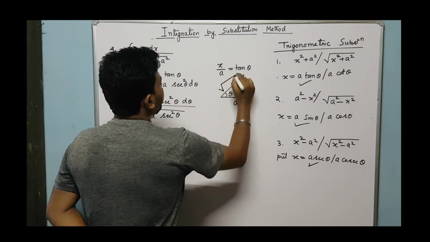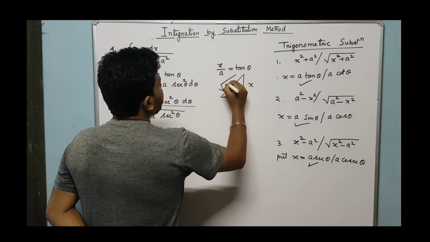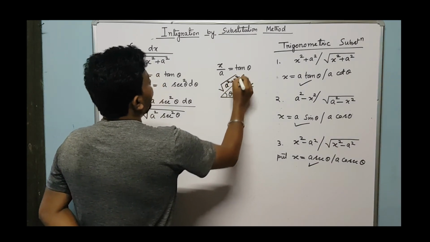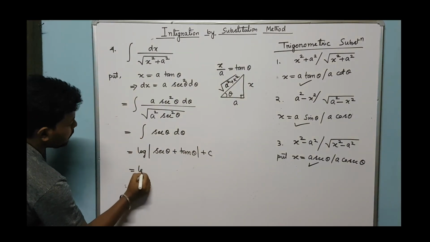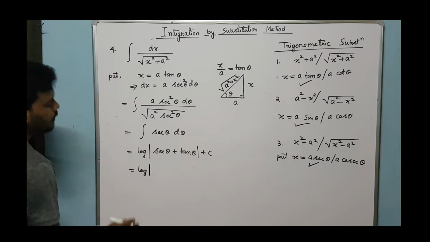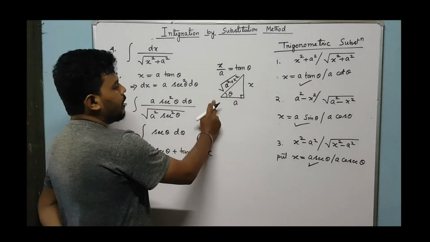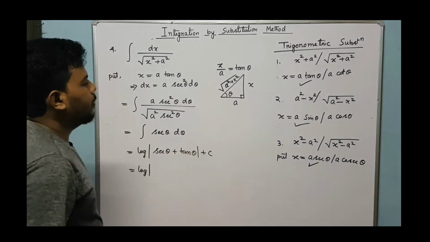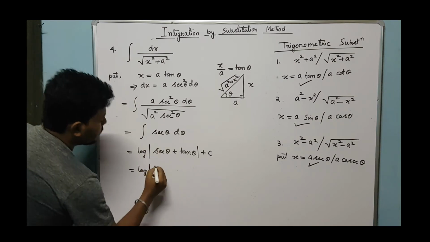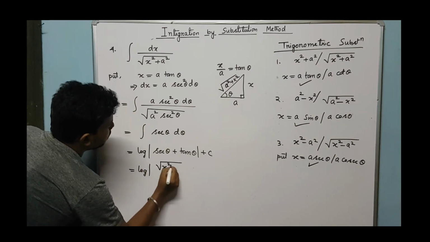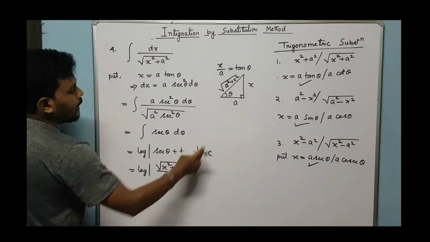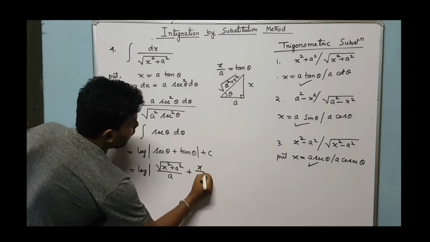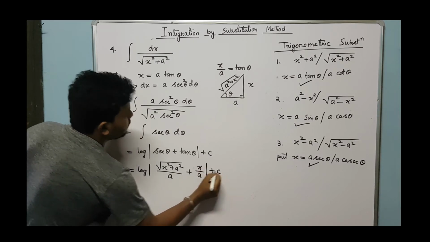This is square root of a square plus x square, or you can write x square plus a square. Now I can find out sec theta. What is sec theta? Hypotenuse by base. So it is square root of x square plus a square by a. And what is tan theta? It is x by a, plus c.